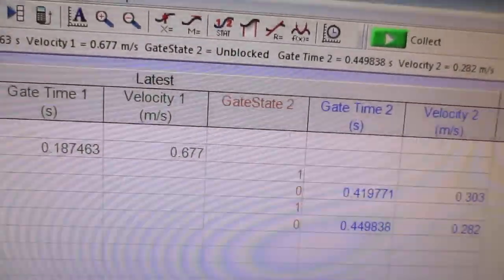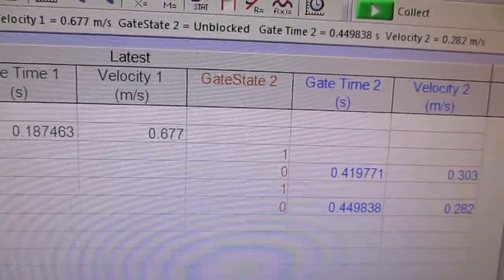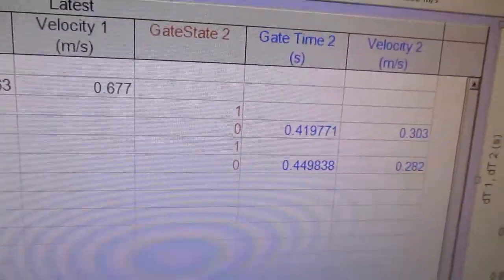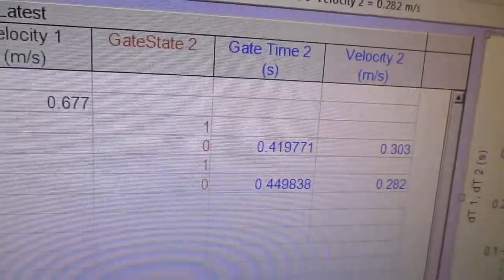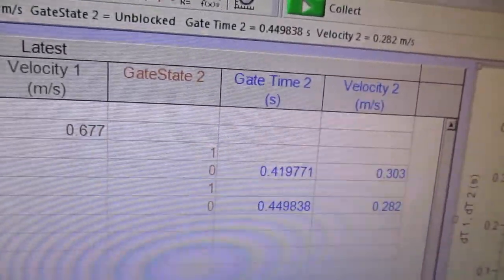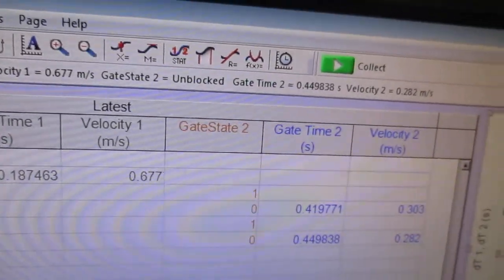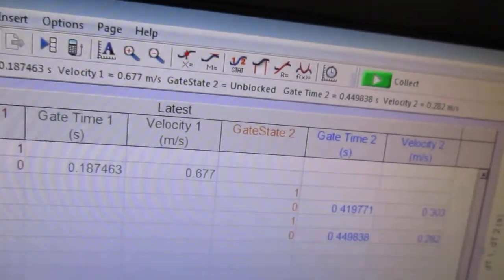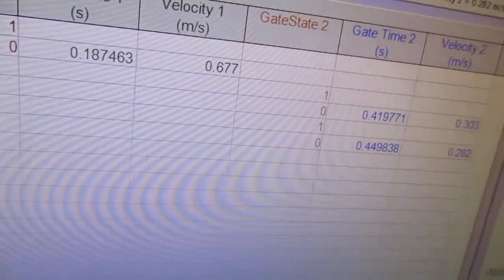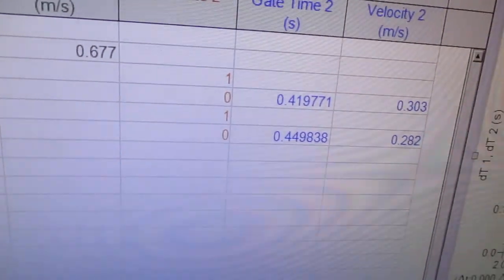So from the velocity, on all three experiments, we can calculate the initial and final momentum based on the mass of the carts, which we would use a scale to measure. The mass of these carts is roughly half a kilogram.